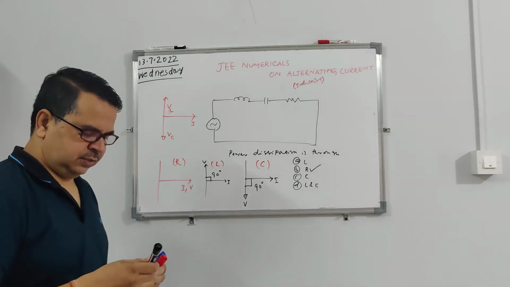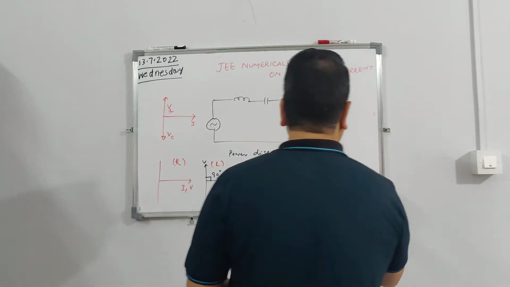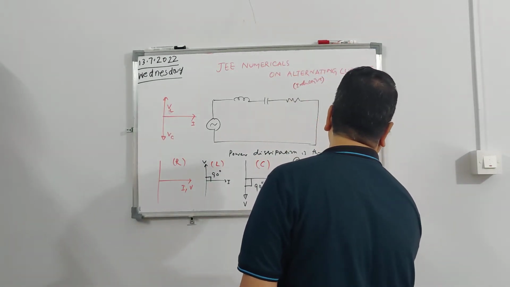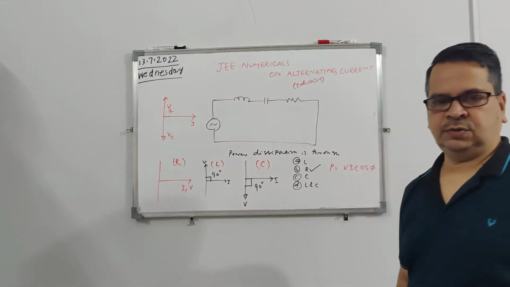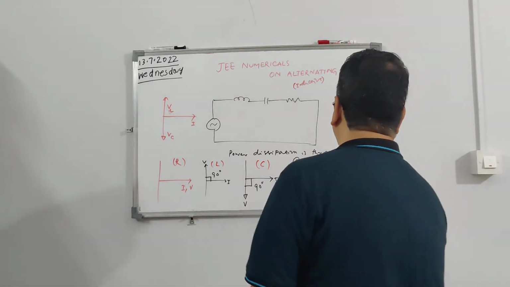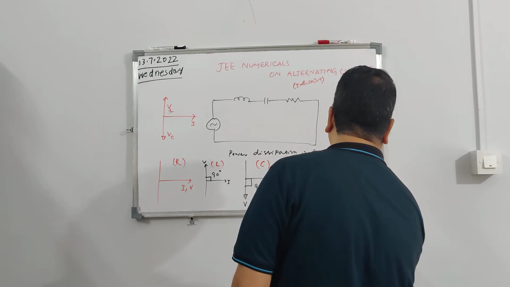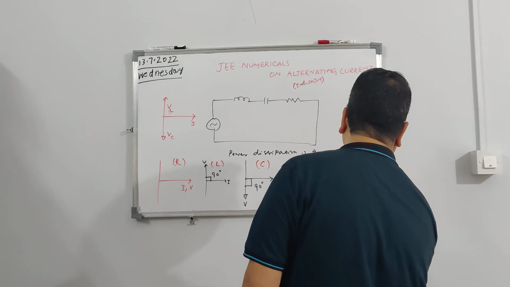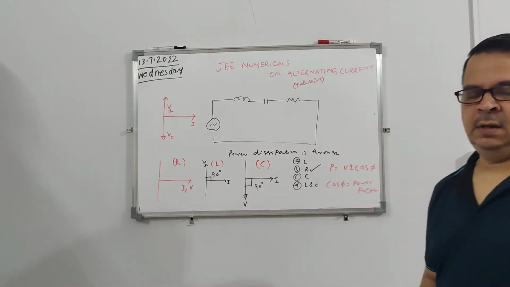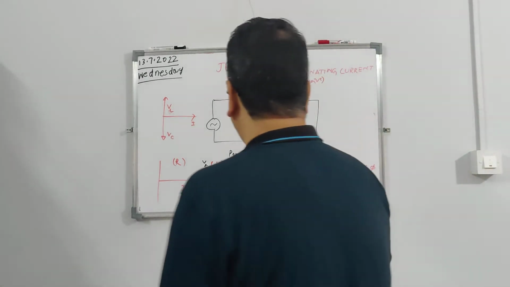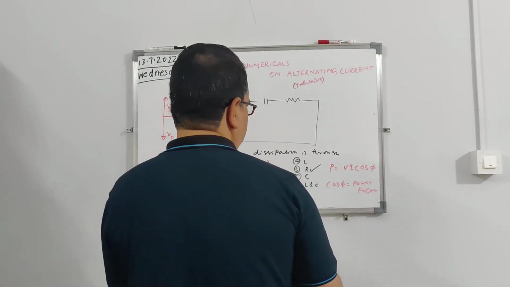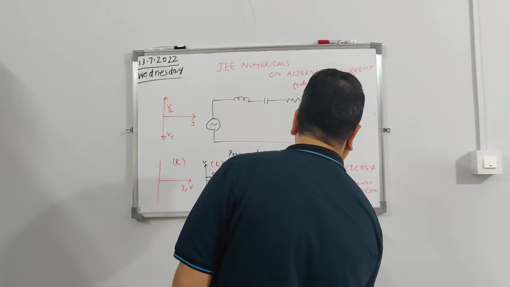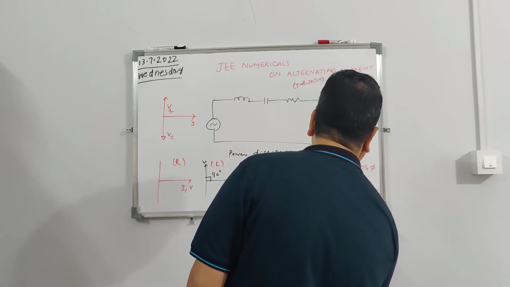So power dissipation, what is the equation? In an AC circuit, the power dissipation is nothing but VI cos phi. This cos phi is otherwise called the power factor. In case of capacitor, cos phi is nothing but cos 90, which is equal to 0.